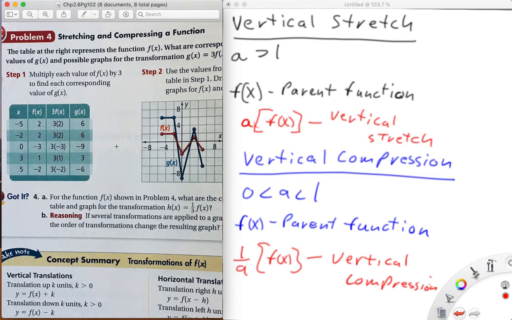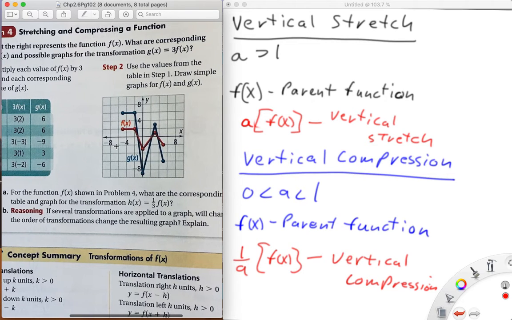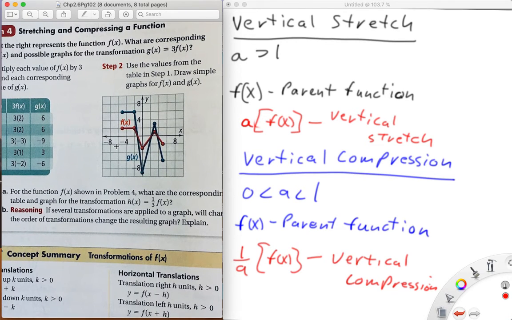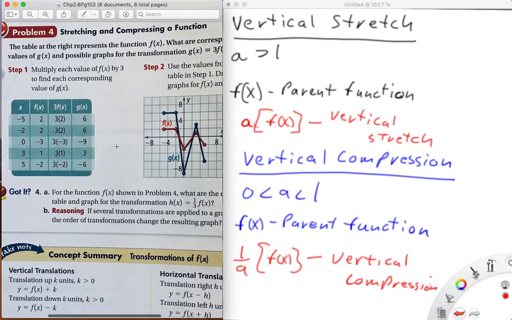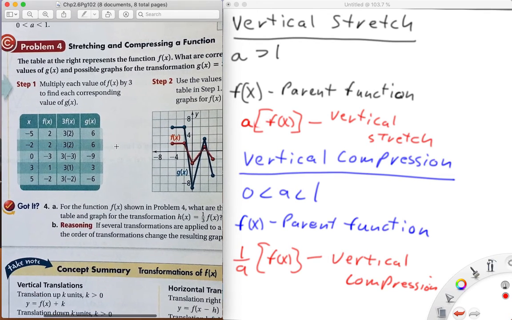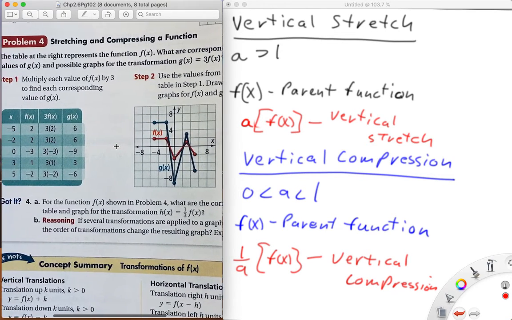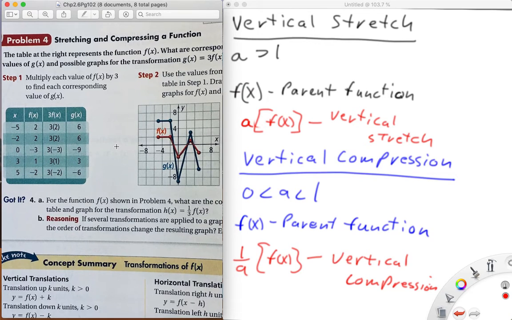Alright, what are the corresponding table graph for the translation of 1 over 3? So they give us this function. What's the parent? And they give us a scenario here.